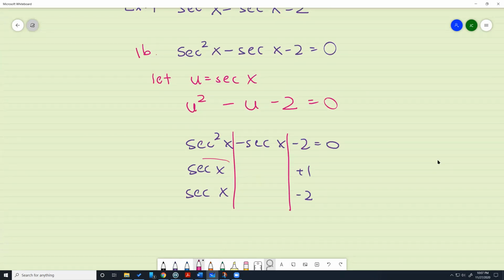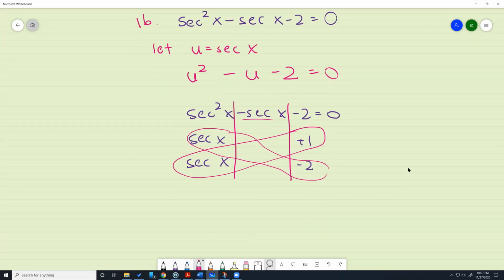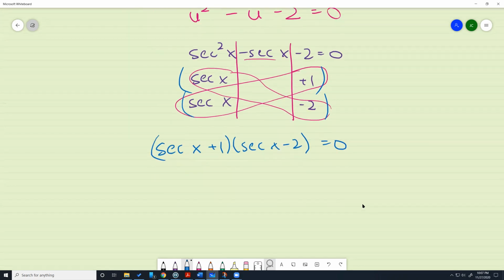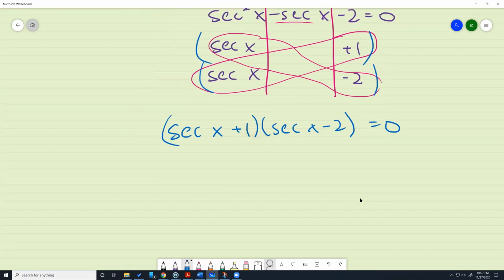So when I make my butterfly wings, okay, it's not that pretty, but cross multiply and add them together, you would get negative secant x, which is what we want in the middle. And so those are my factors. It would be top times bottom row.